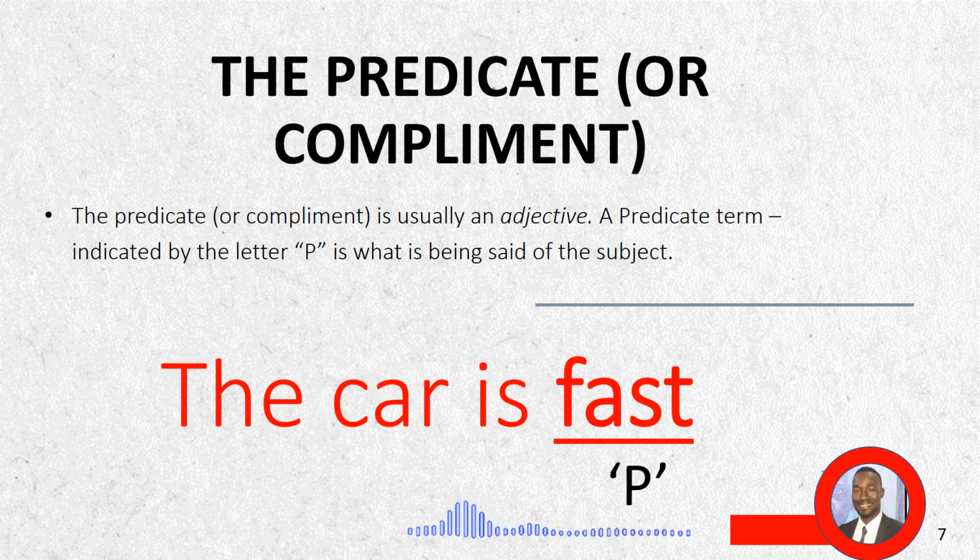The predicate is a complement, which is usually an adjective. The predicate term indicated by letter P is what is being said of the subject. A look at this, you'll find out that the predicate fast says something about the car, which is the subject. It gives us information about the car.